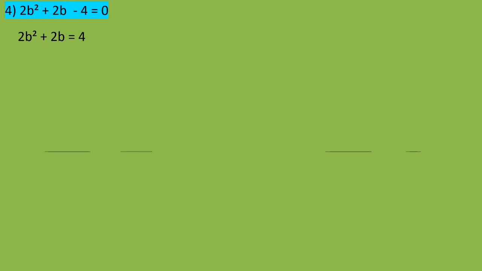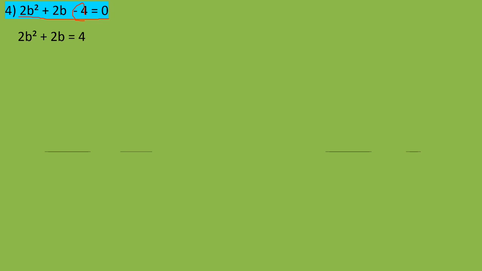Number 4, meron tayong 2b squared plus 2b minus 4 is equal to 0. So, equate muna natin siya by transposing the constant to the right side. So, meron na tayong 2b squared plus 2b is equal to, kung ililipat natin si negative 4 sa kabila, magiging positive 4.